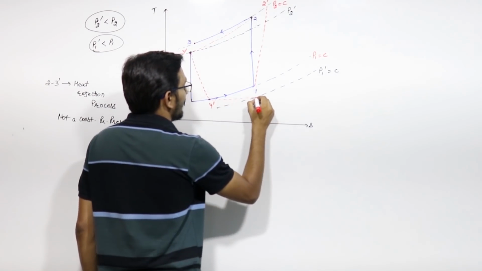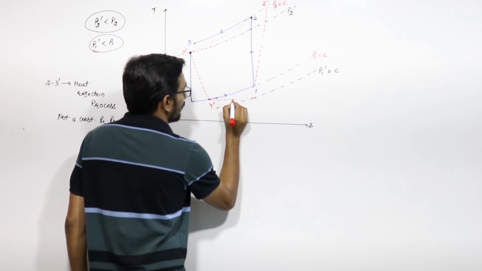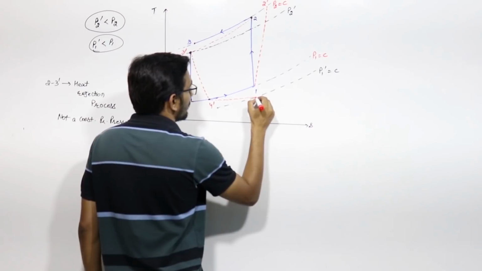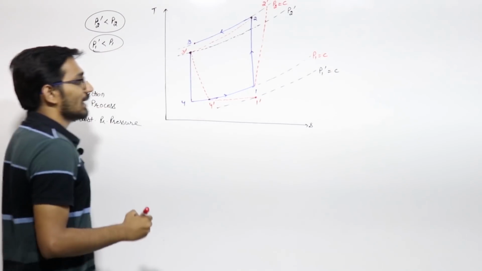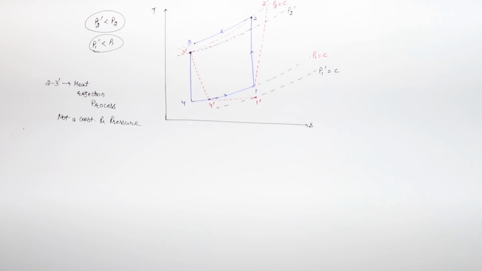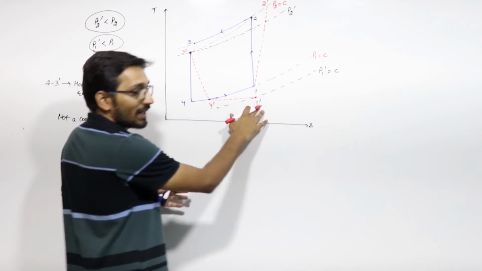Some random process will be like this. It is not a constant pressure process, it is only a 1 dash. So now the pressure is this 1 dash.